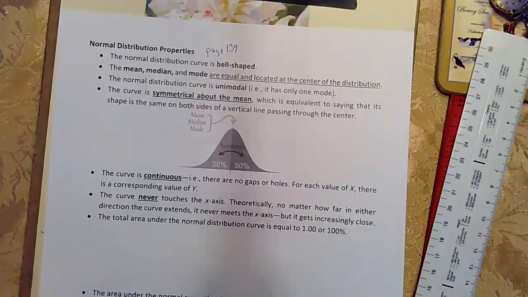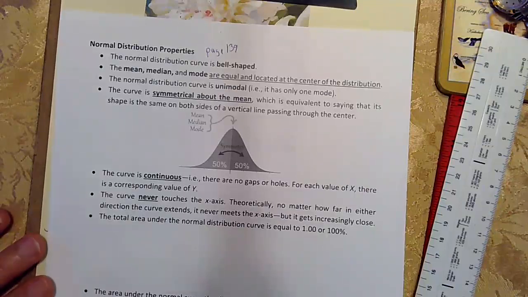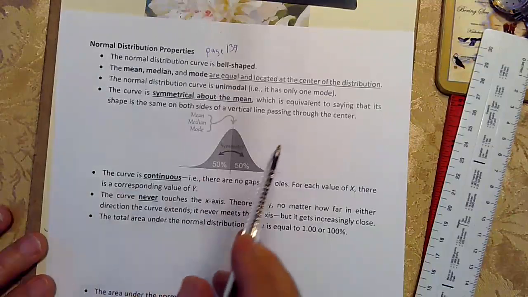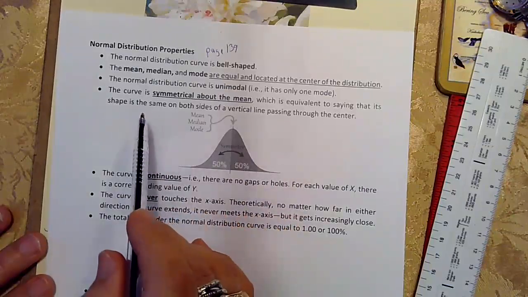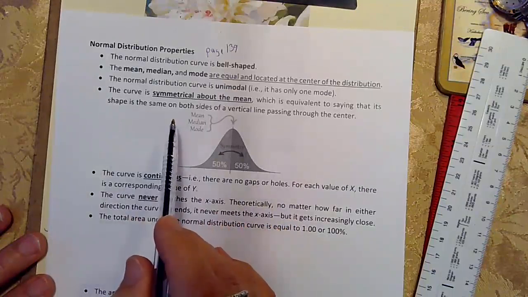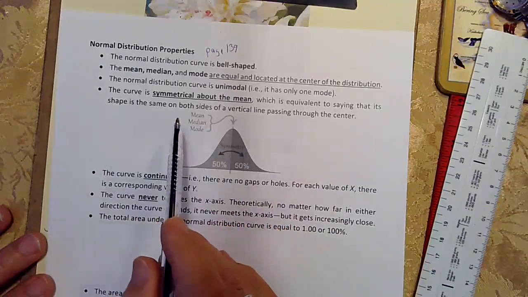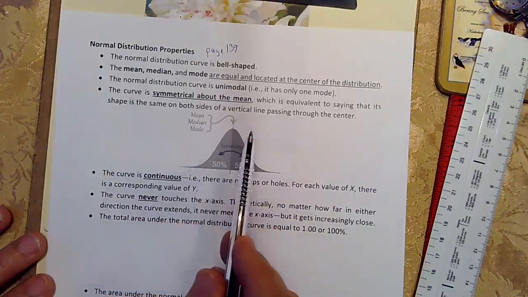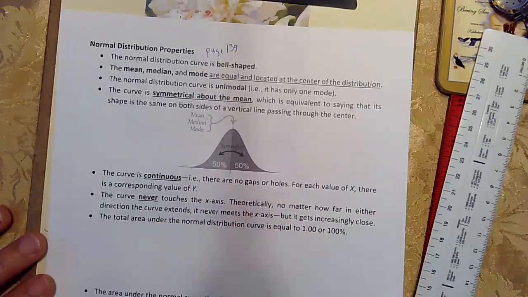Like if one z value is -2, then the other z value would be +2. You got that similarity because there's symmetry. So we'll make use of that in some of our problems in 6.2. Which is equivalent to saying that its shape is the same on both sides of a vertical line passing through the center. So I have a symmetry there.